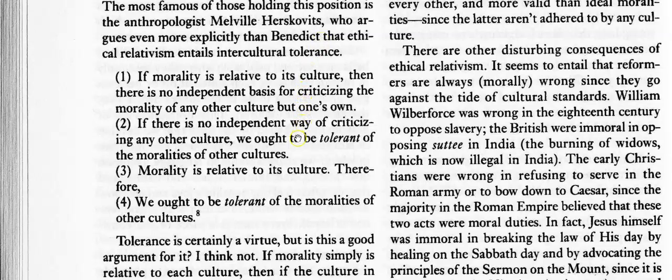If morality is relative to a culture, then there's no independent basis for criticizing the morality of any other culture but one's own. If there's no independent way of criticizing any other culture, then we ought to be tolerant of the moralities of other cultures. Morality is relative to culture, therefore we ought to be tolerant of the moralities of other cultures. So this is the mistaken view, according to Pojman, that Melville Herskovits has in favor of cultural relativism.